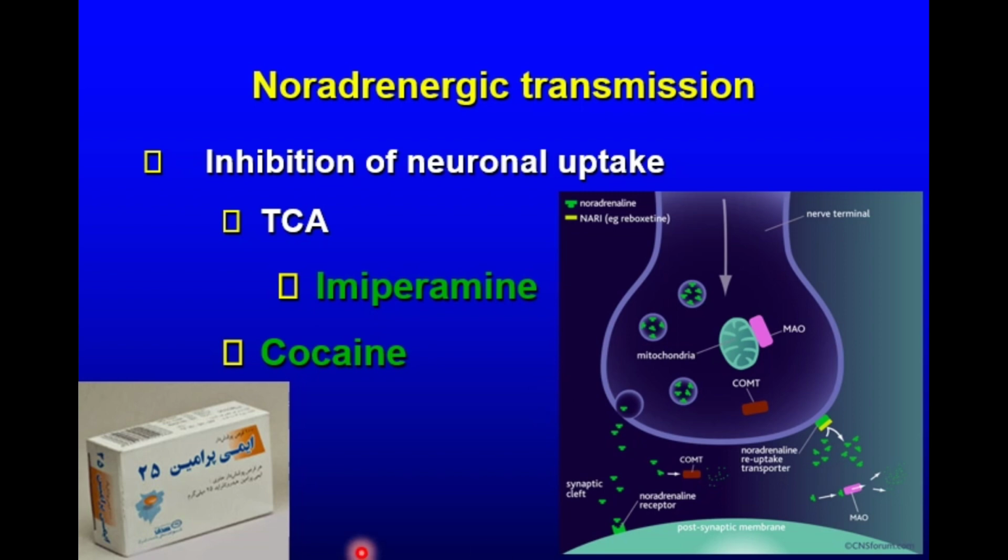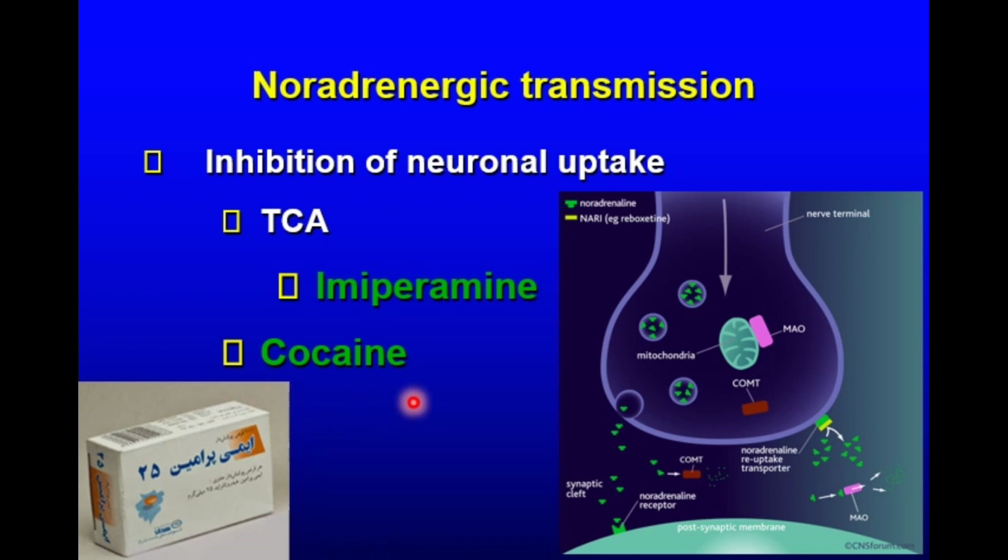Drugs which enhance adrenergic activity are useful in treatment of depression. Therefore, there is a hypothesis which suggests that in depression there is a lack of monoamines, including noradrenaline. You will receive more details in the pharmacology of antidepressant drugs.